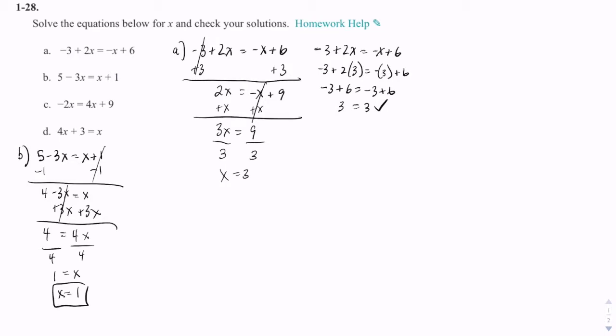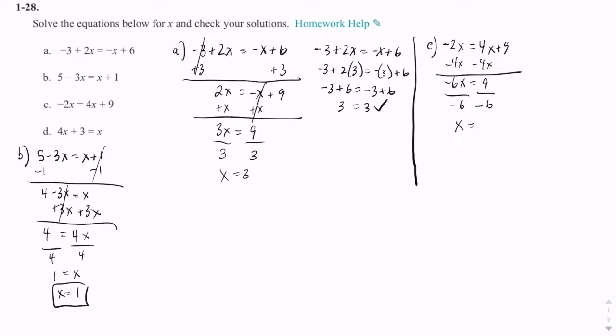Okay, let's do C. I can come over here and do C. Negative 2x equals 4x plus 9. I'll subtract 4x from both sides. And I get negative 6x equals 9. And I'll divide both sides by negative 6.